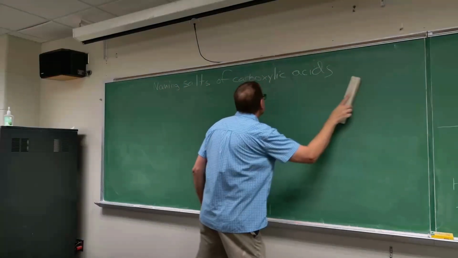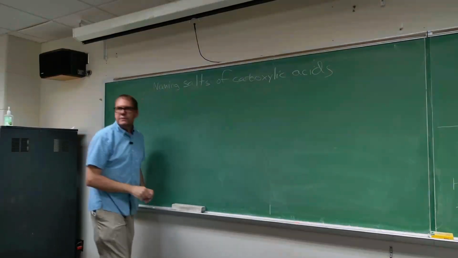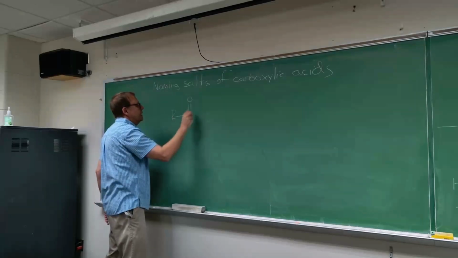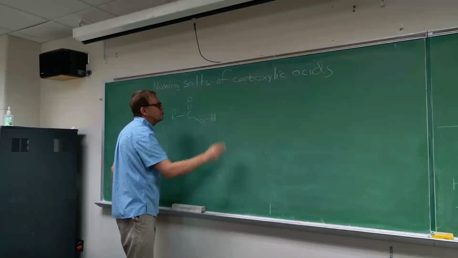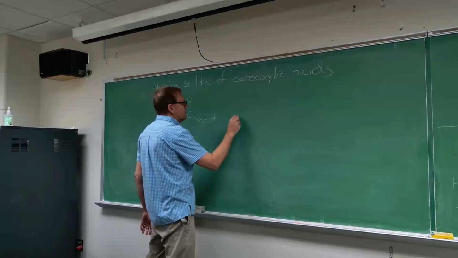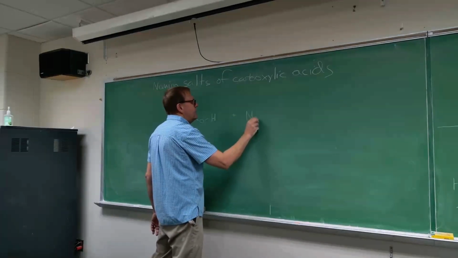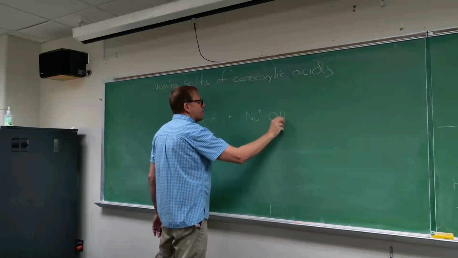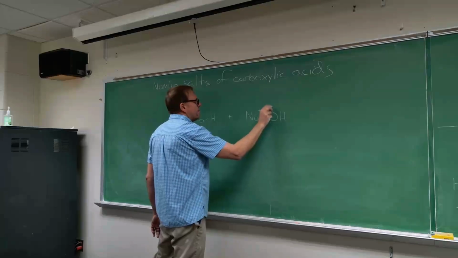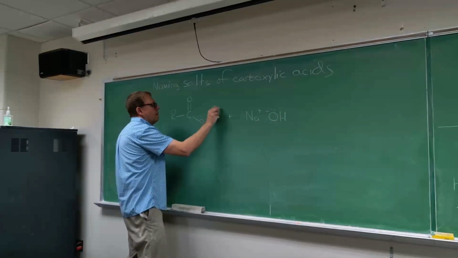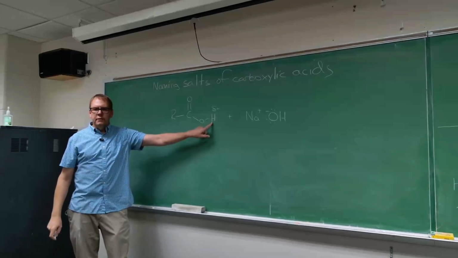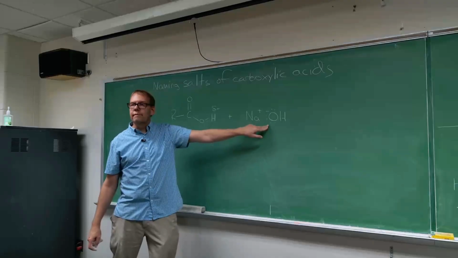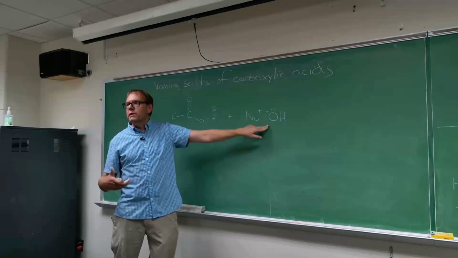So first of all, what's a salt? It goes like this for carboxylic acids. If they are put in with a base that's sufficiently strong, and there's a lot of bases that will do this, but I'm going to put sodium hydroxide in, for example, as the base that I'll use for this reaction. The carboxylic acid proton is pretty acidic, and it has a big partial positive charge, and the oxygen of hydroxide has a big substantial negative charge.